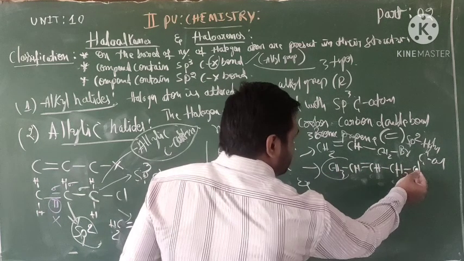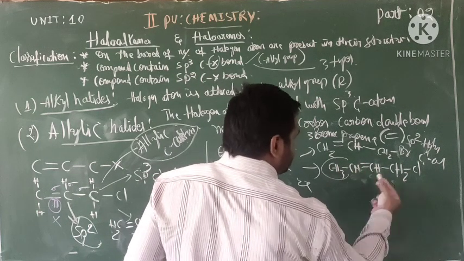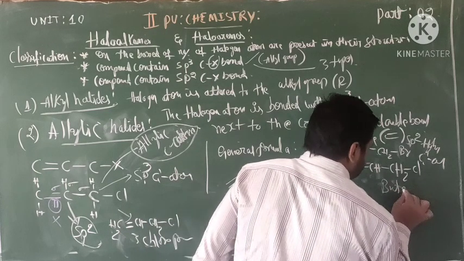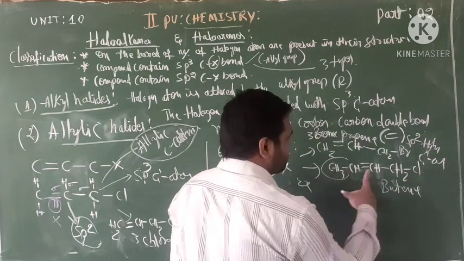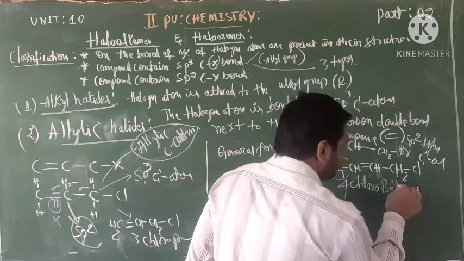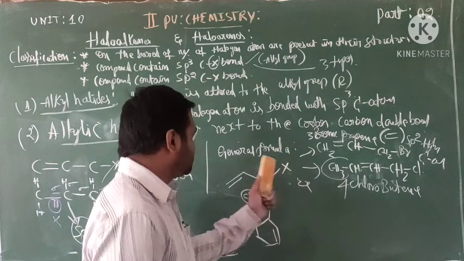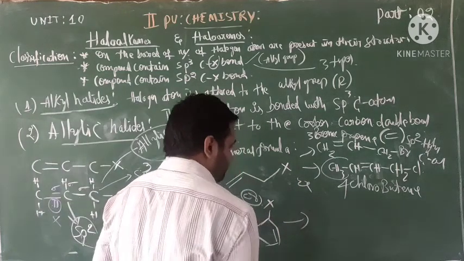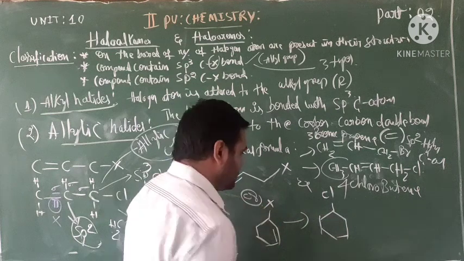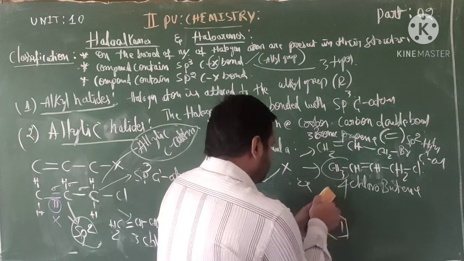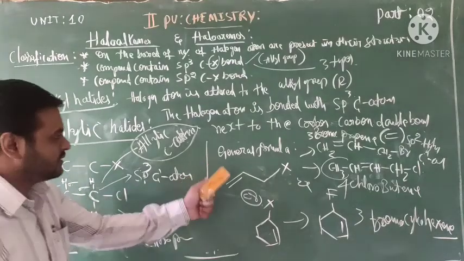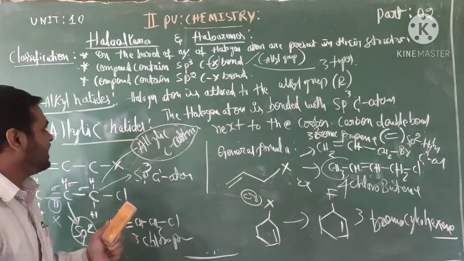Four carbons means butane, but actually this is butene, so 4-chlorobutene. Okay, so these are the examples. Now X represents chlorine, bromine, iodine, and we can take fluorine also. So this is about the allylic halides.